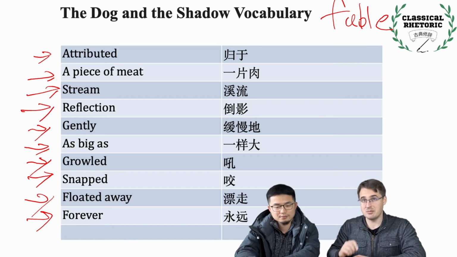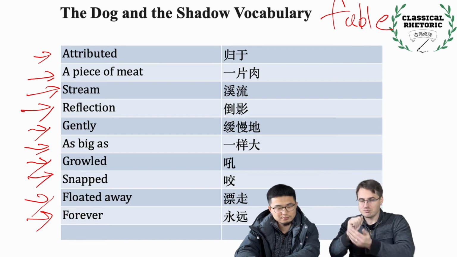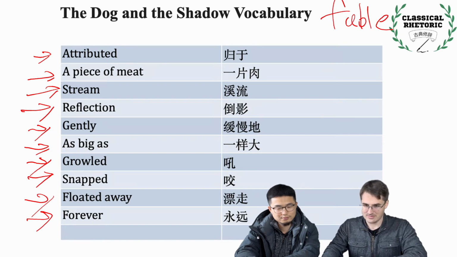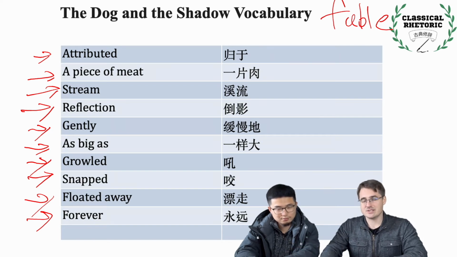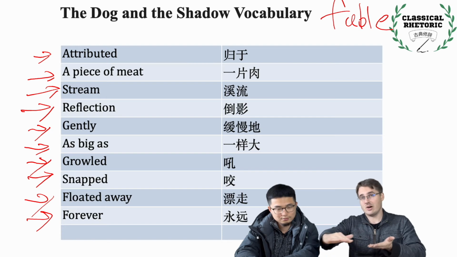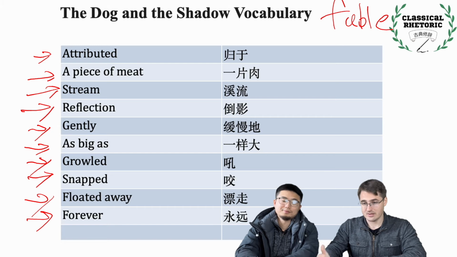Attributed. Yes, attributed. Which word means the sound of a dog's mouth shutting like this? Snapped. What is the word for something that's moving on the water? Float away. What's the word for something that goes on and never ends? Forever. Very good.